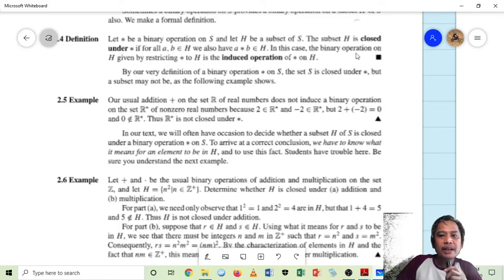Formally, we say that the binary operation on H given by restricting asterisk to H is the induced operation of asterisk on H.